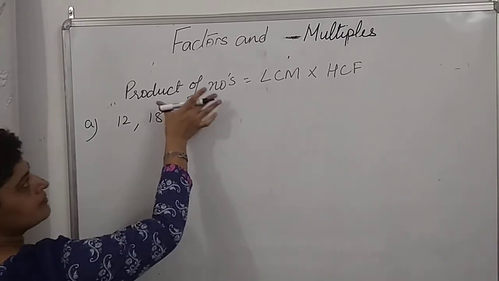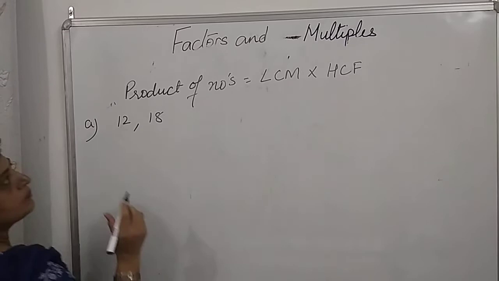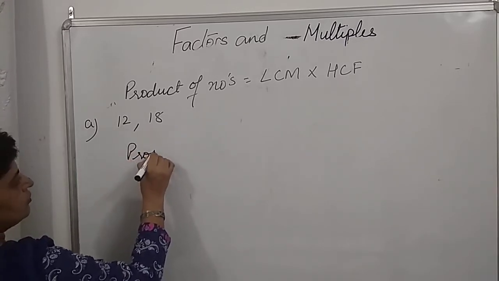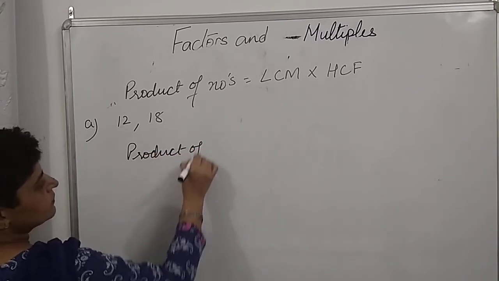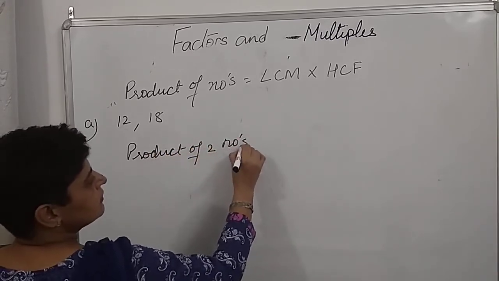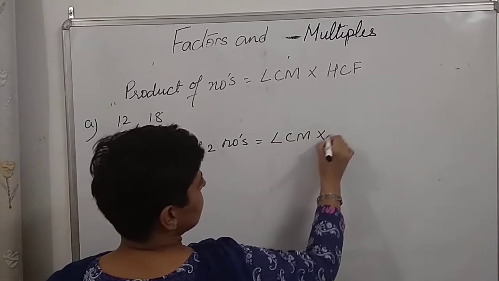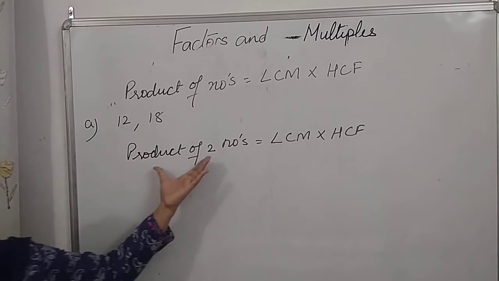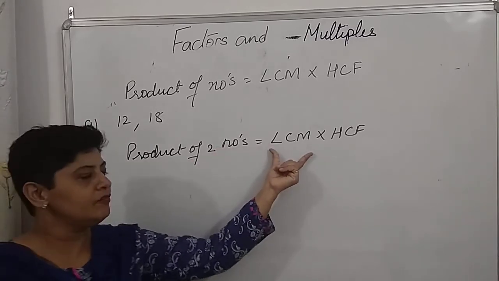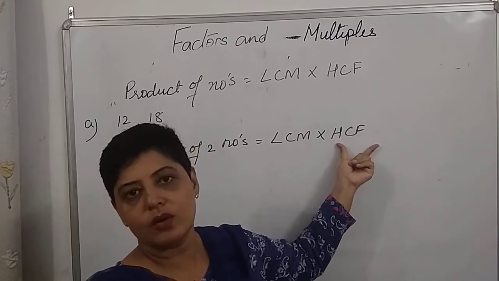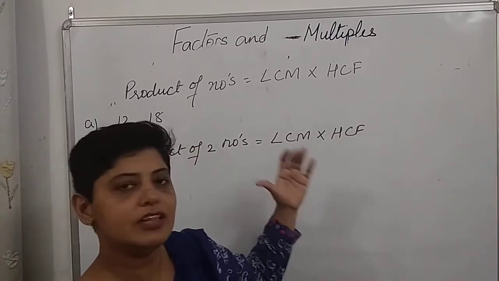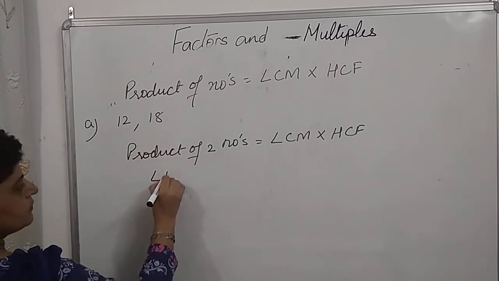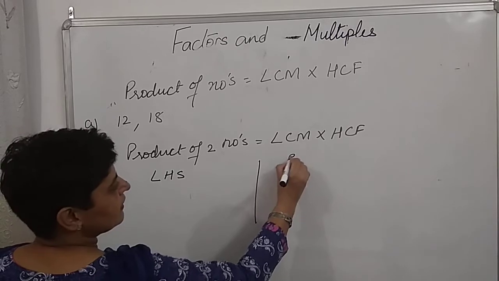This is left hand side, this is right hand side. So, the property says product of two numbers is equal to LCM into HCF. Now this question in itself has got three parts. In this part we will be solving the product, then we find out LCM, then we find out HCF and multiply LCM with HCF. So this is left hand side and this is right hand side.